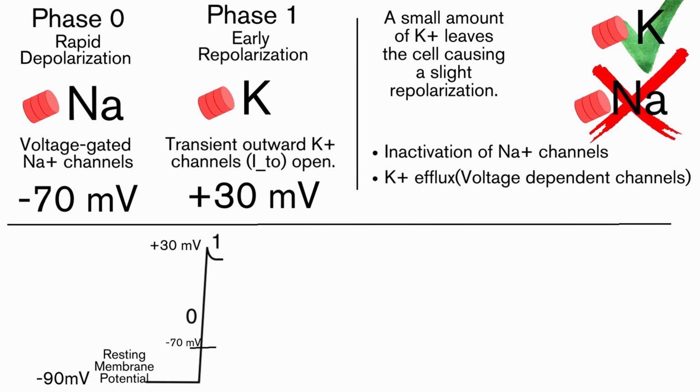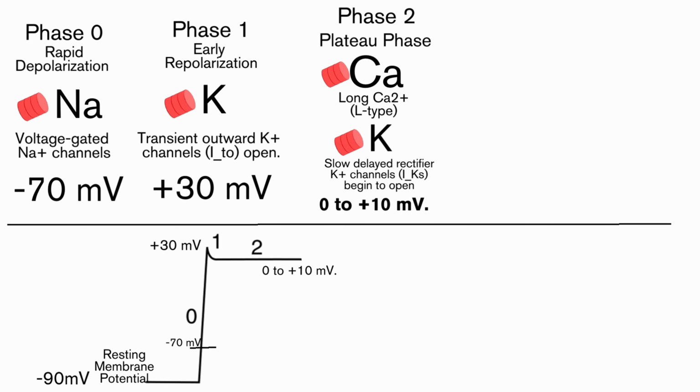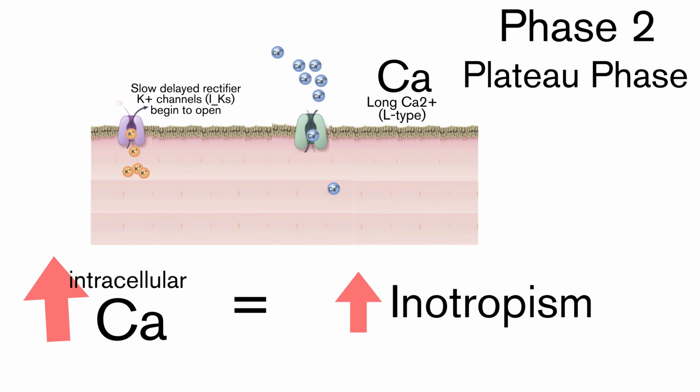Now that the cell became positive, the influx of certain ions changed their incentive. So let's understand. At +30, you're supposed to close your sodium channels. We're looking at the early repolarization phase, where a small amount of potassium actually leaves the cell, causing that small dip that you can see here. But then, of course, we have the plateau phase, where you have calcium influx from the L-type channels, and you also start to push out potassium. This plateau phase is really important because that influx of calcium is going to determine the inotropism of the heart.